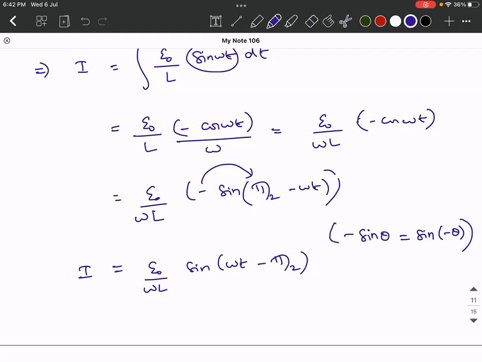So as you asked in the previous question, when will it be minus? Current lagging the voltage by pi by 2. It means if the EMF corresponds to the first quadrant, current will correspond to the fourth quadrant. When you draw the phasor diagram, you'll understand.